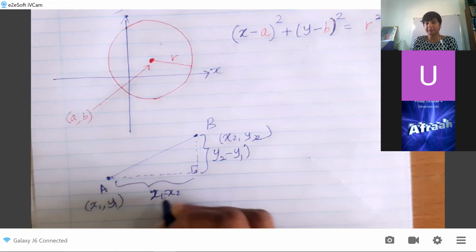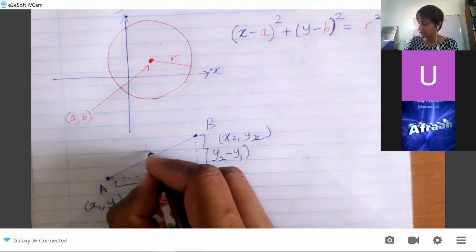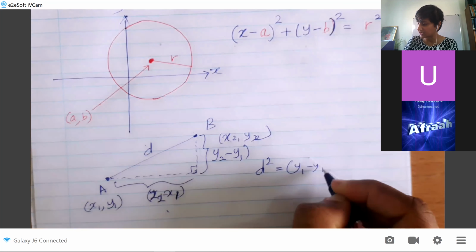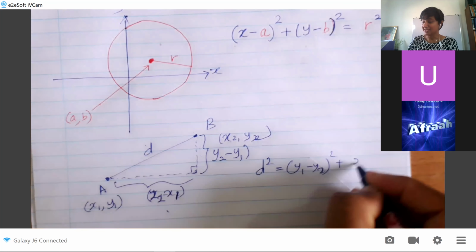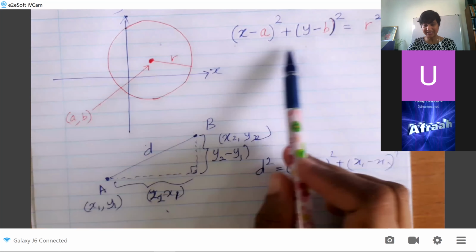But then when you apply the Pythagoras theorem, you square this length, you square that length. When you square it, it doesn't matter in what order you have. So d squared is equal to y1 minus y2 squared plus x1 minus x2 squared. This is surprisingly similar to that.